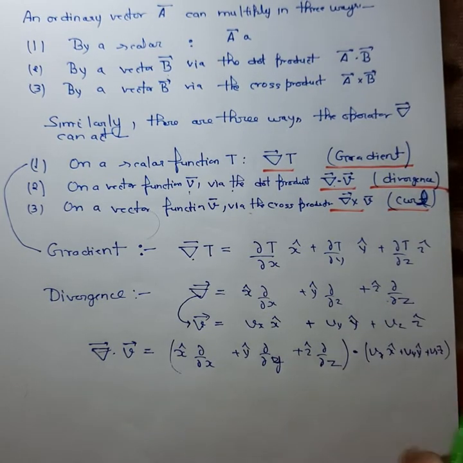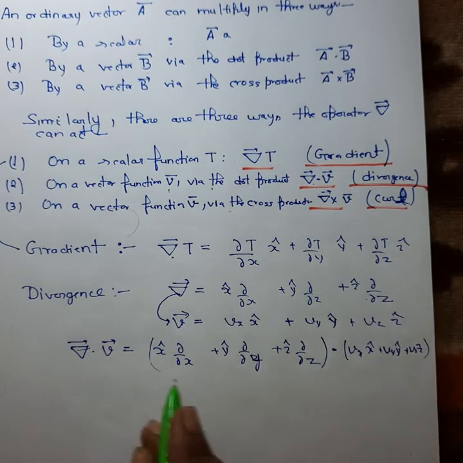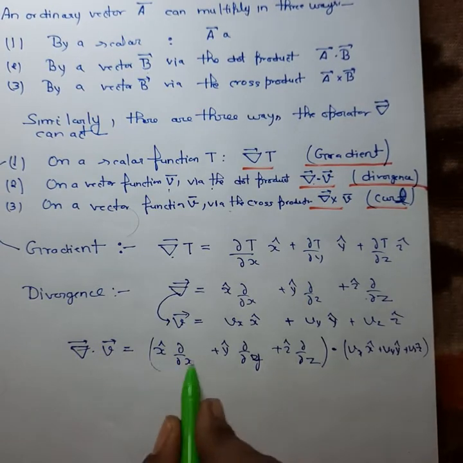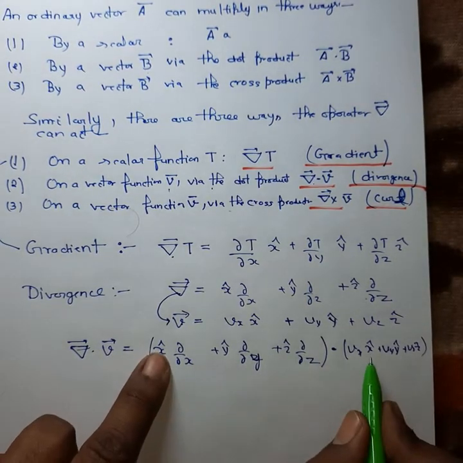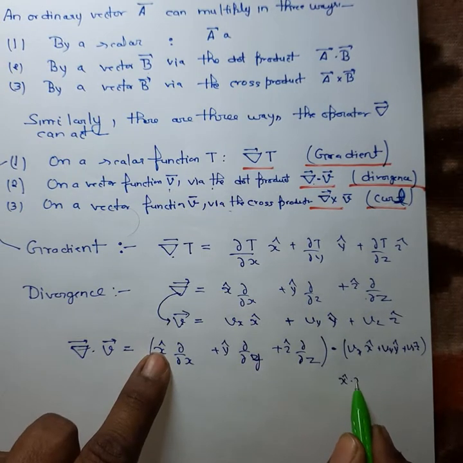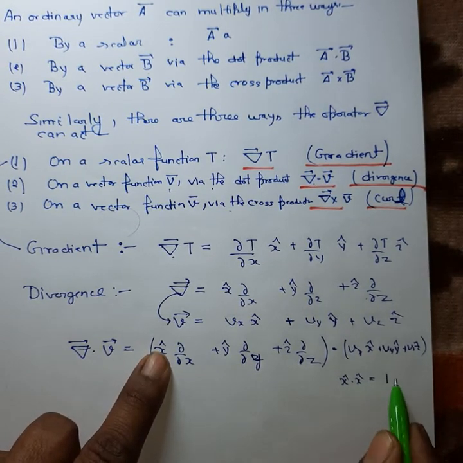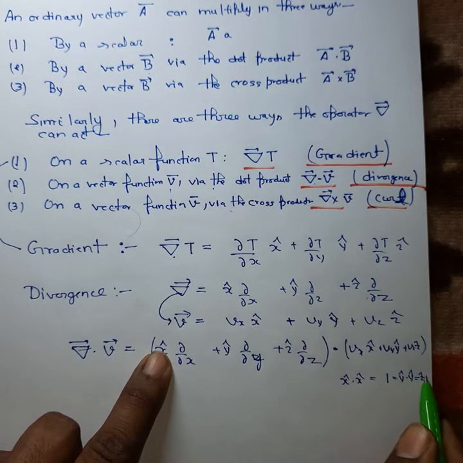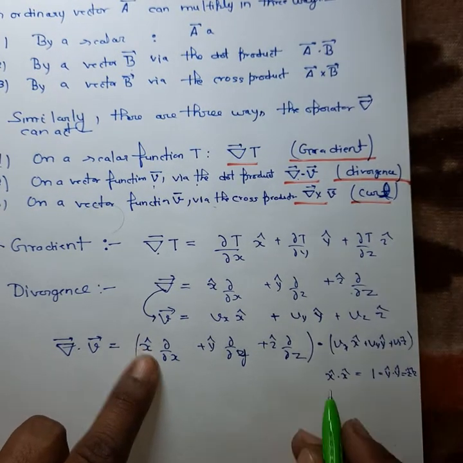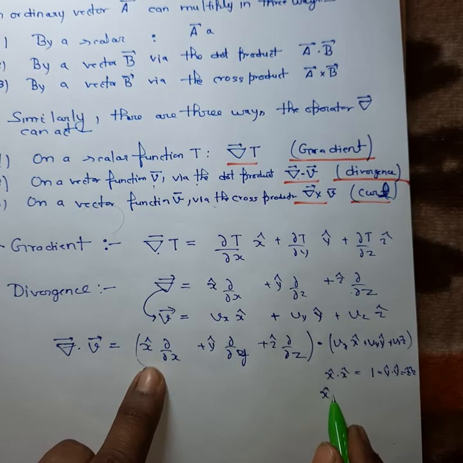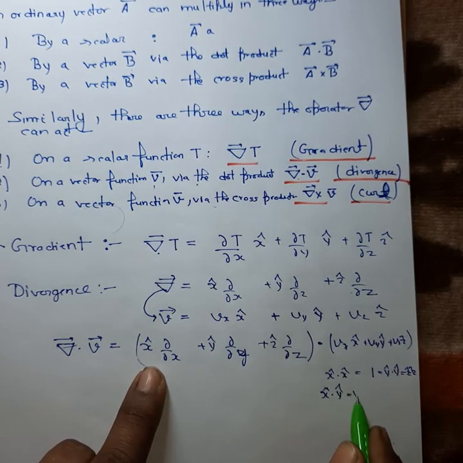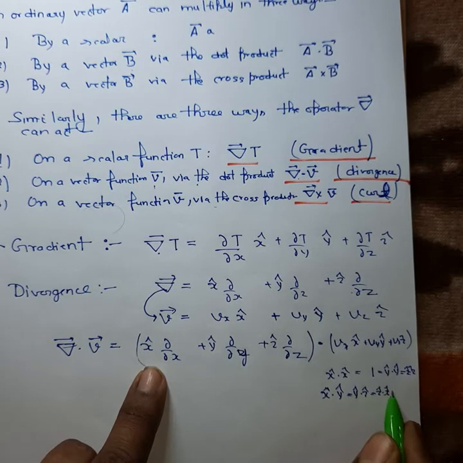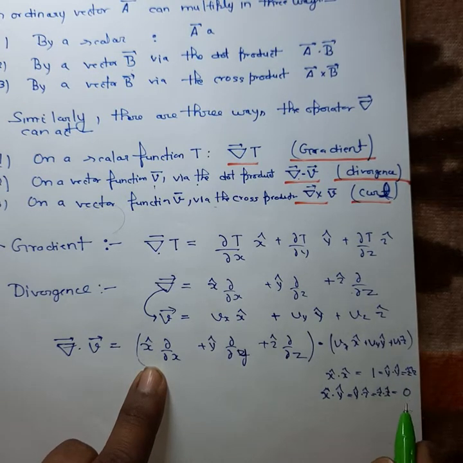When you take the dot product, we know that x cap dot x cap is equal to 1, and it is also equal to y cap dot y cap and z cap dot z cap. Similarly, the cross terms like x cap dot y cap, y cap dot z cap and z cap dot x cap will be equal to 0.